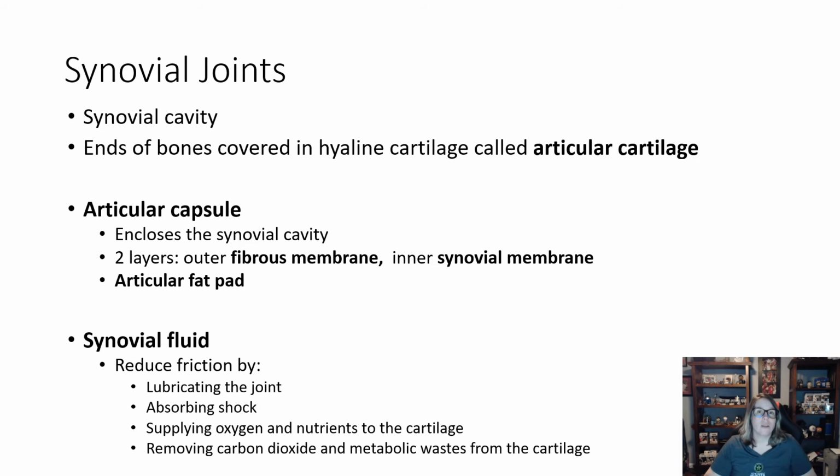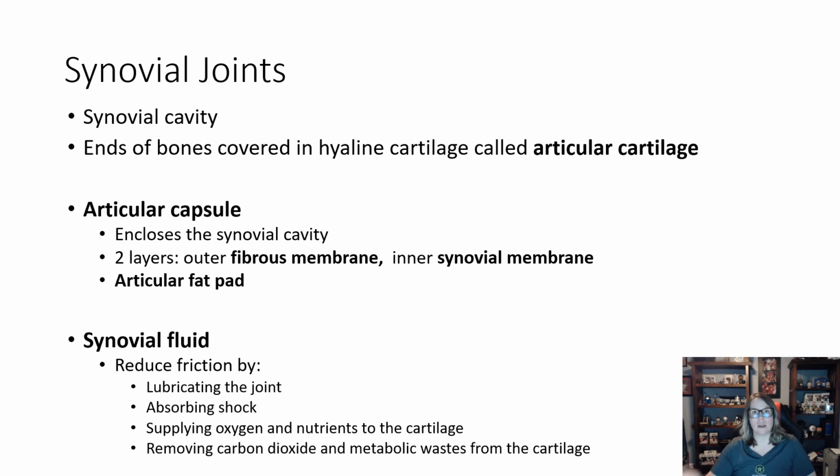All right, so the last joint we're going to talk about right now is the class of synovial joints. Synovial joints are what you think of when you think of a joint. If I had you write down a joint at the very beginning of this lecture, a lot of you probably would have written down the jaw, the elbow, the wrist, the knee, the hip. These are all types of synovial joints.